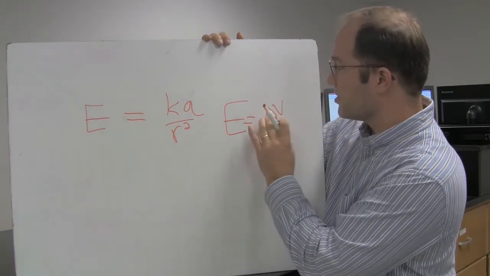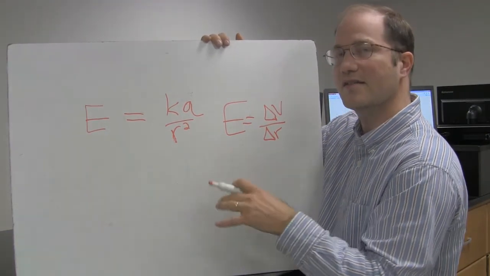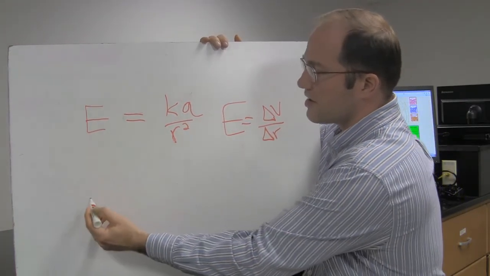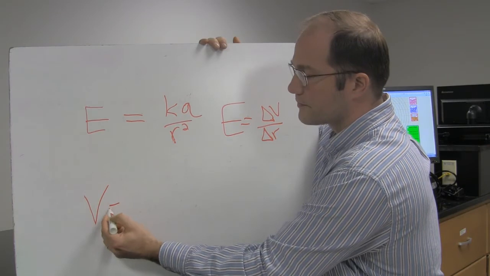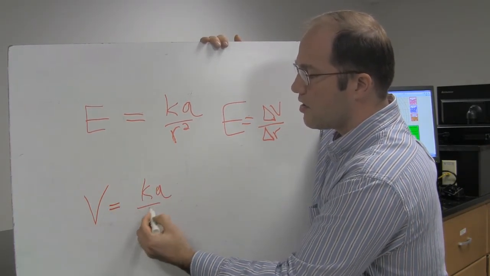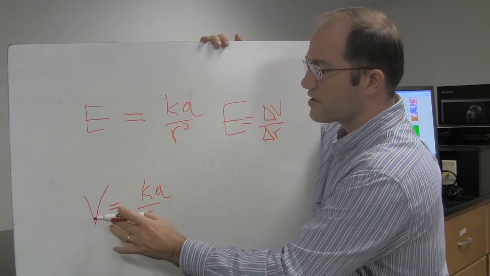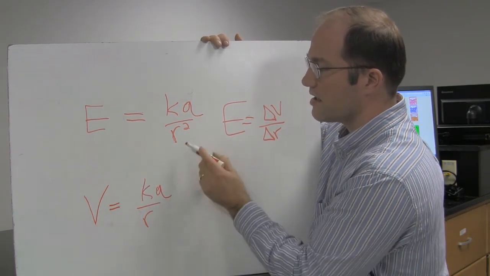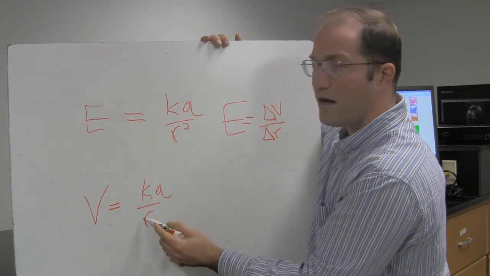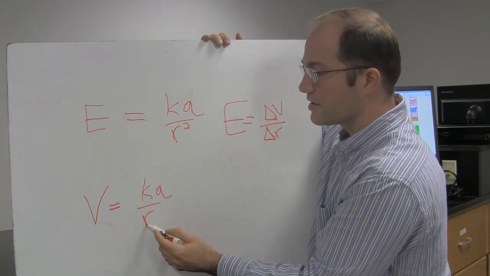So a large voltage over a small change in distance indicates a large electric field. Because of this, we can say that our voltage at any point is equal to KQ over R. And the difference between voltage and the electric field is the R squared here in the electric field and the R down here in voltage.